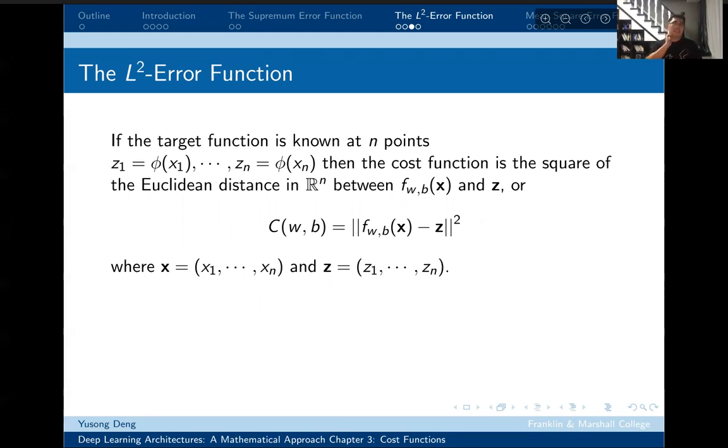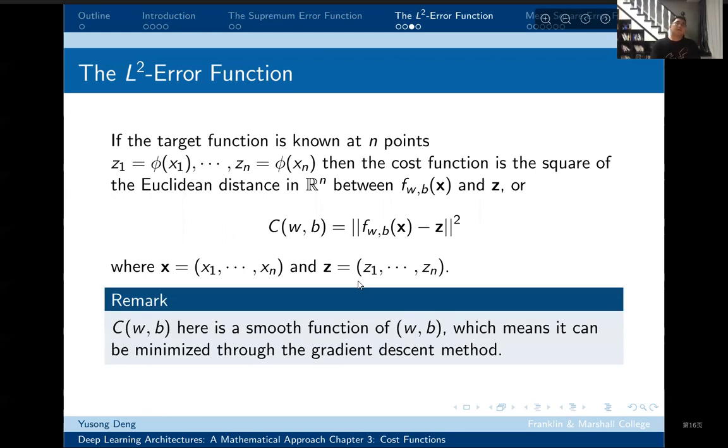You see the Euclidean distance in Rn. So basically the cost function is the Euclidean, or that is also the L2 norm, f minus z, squared, in Rn, and x is a vector, x1 to xn, and z is also a vector, z1 to zn.